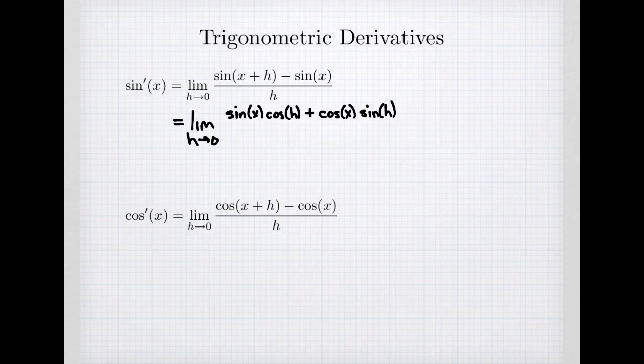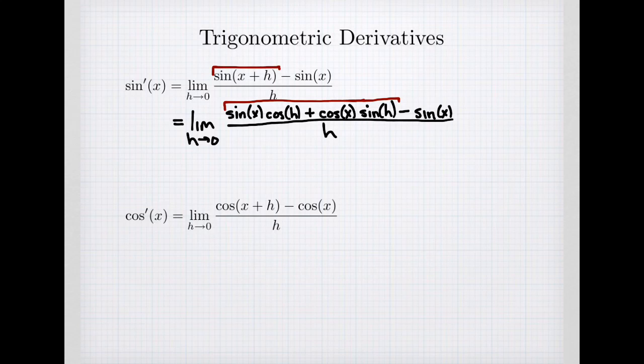That's our sum identity, minus the original sine of x that's in the numerator, and we divide this by h.